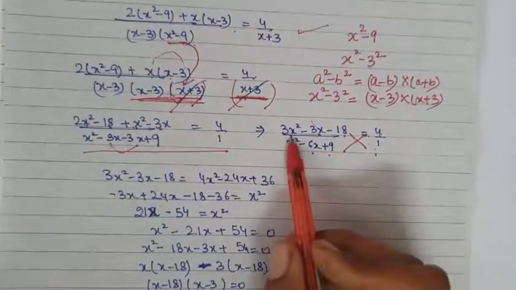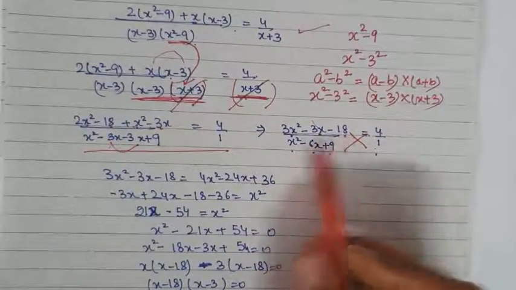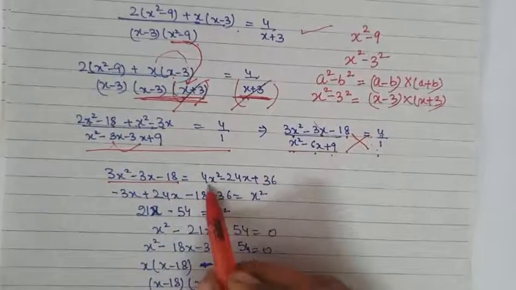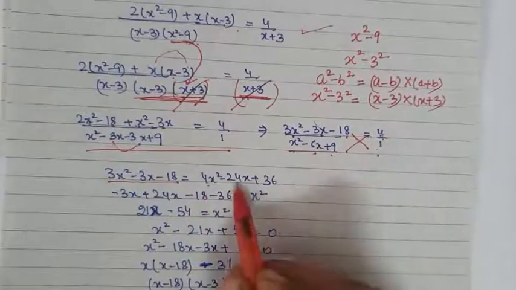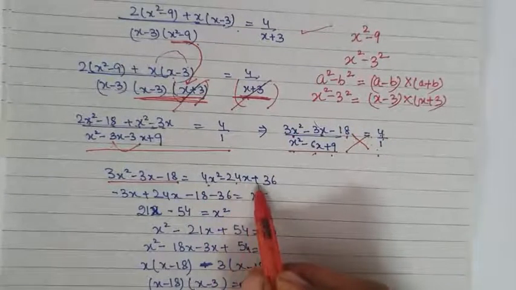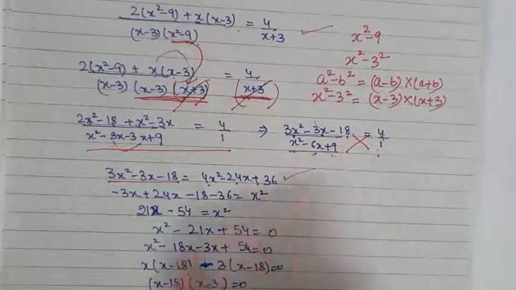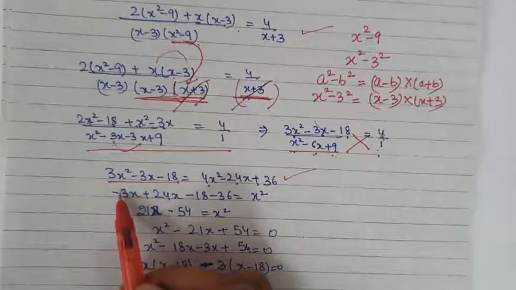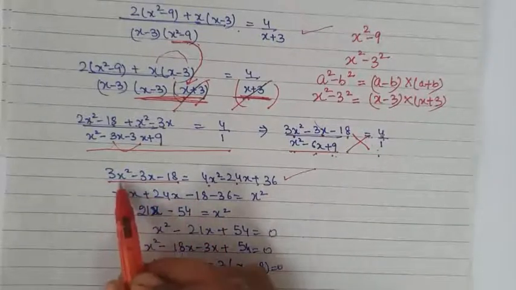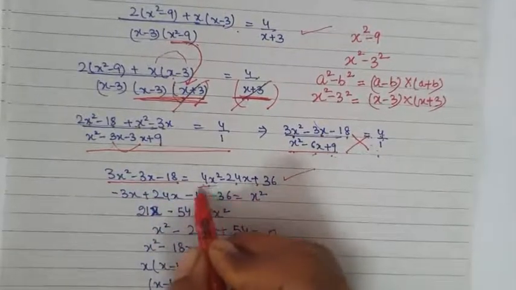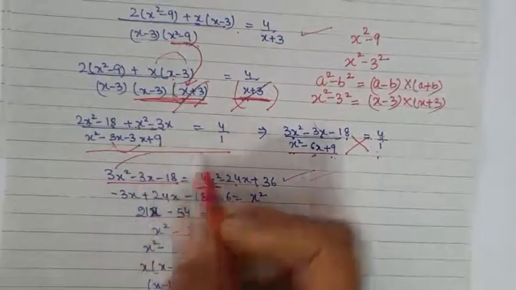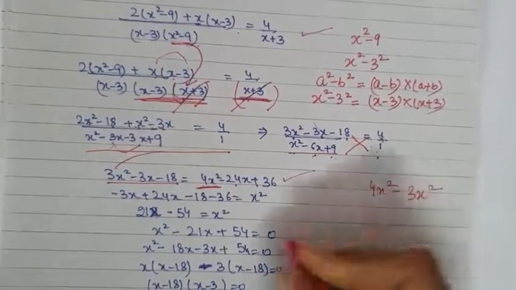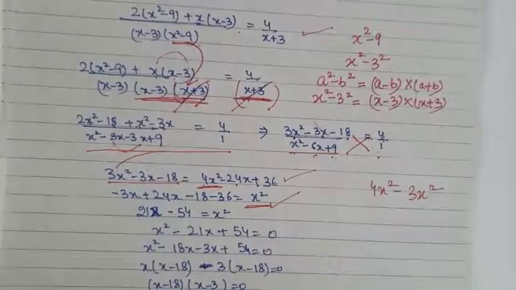1 into 3x square minus 3x minus 18 will give you the same. 4 into this: 4x square, 4 into 6, 24x, plus 4 into 9, 36. Now combine the like terms. See, 4x square is here. If I shift 3x square, so 4x square minus 3x square will give you x square.